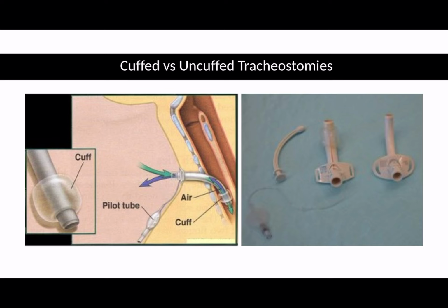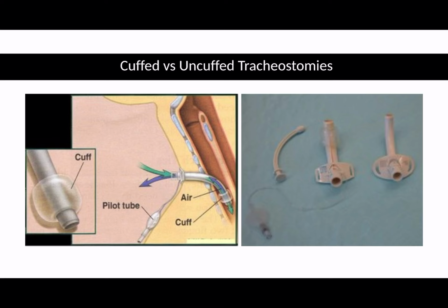There's a really important aspect to an uncuffed tracheostomy, and that is if there is an emergency and you need to give positive pressure ventilation to them. If you imagine putting a ventilator onto an uncuffed tracheostomy, you can force air in and out of the tracheostomy tube.